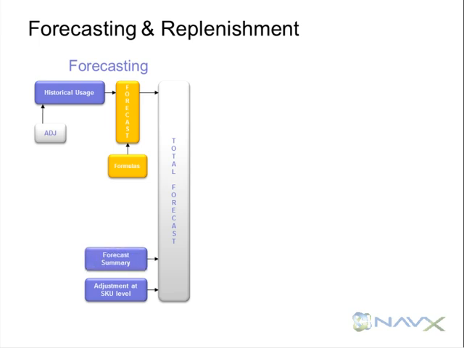The next thing is a forecast summary. So quite often, and I would imagine anyone listening to the video would basically say, gee, I'd like to see what my forecast is at the company level, the warehouse level, maybe a product line level, maybe a ranking level, or that type of thing. So we have a forecast summary, and you define how you want your forecast rolled up.